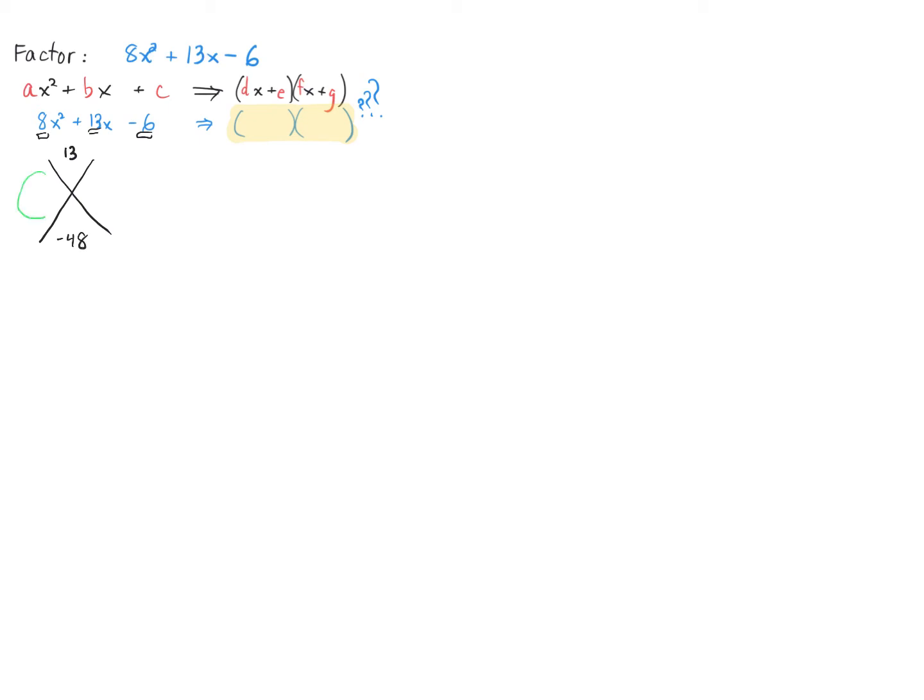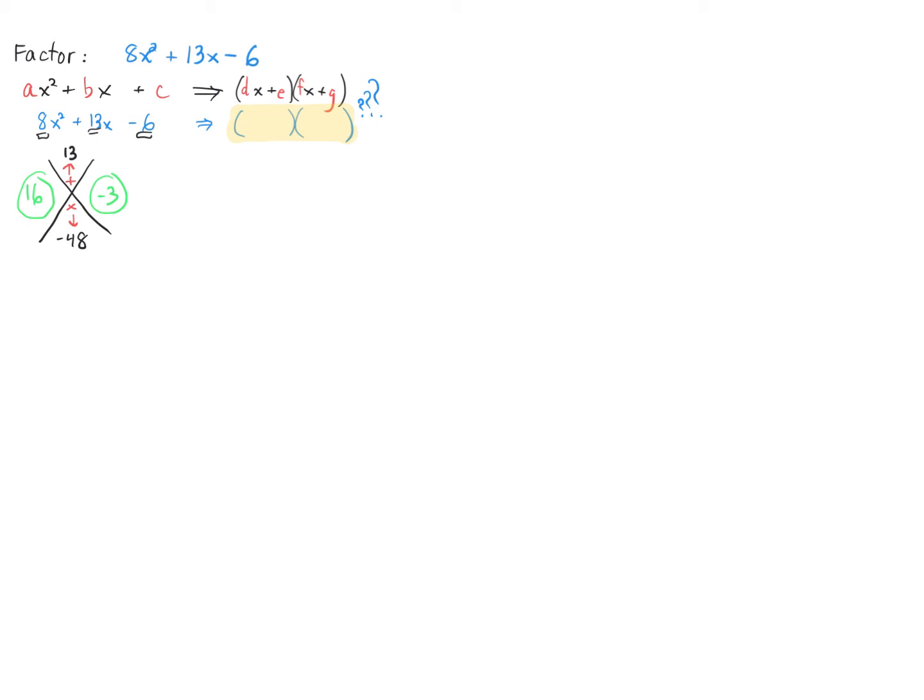And then we're looking for two numbers which add up to give us 13, and they multiply to give us -48. So I trust that the numbers you came up with were, let's say, 16 and -3. They add to 13, and they multiply to -48. All right.